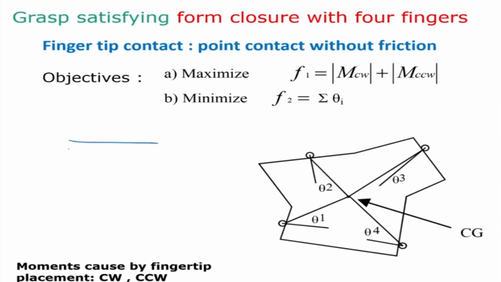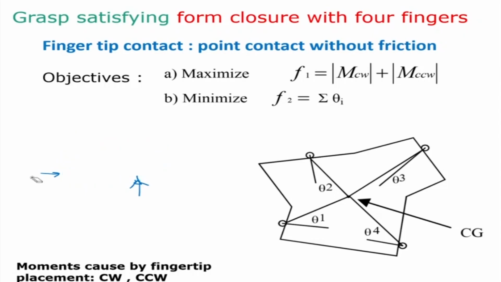So if you have an object like this, and there is one finger pushing here, then there has to be one opposing this side, and if there is one here, there has to be one on the opposing side there. So basically what we are saying is that if there are opposing moments, that gives you the best solution, right?